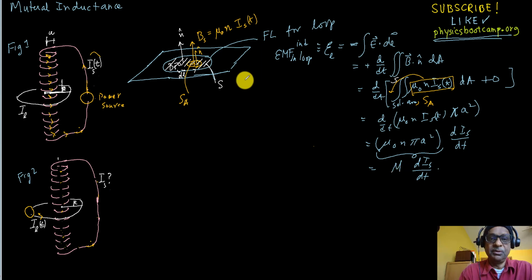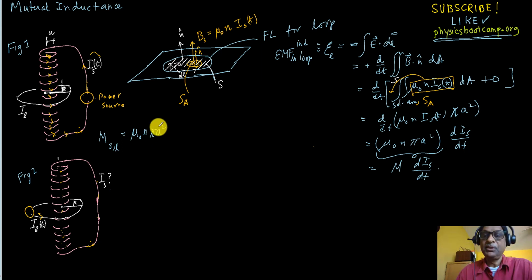So we found the mutual inductance between the solenoid structure and the loop structure, equal to mu naught n pi a squared. This is the amount that got induced in the loop, although the magnetic field came from the solenoid.